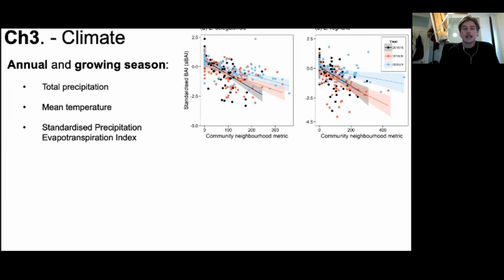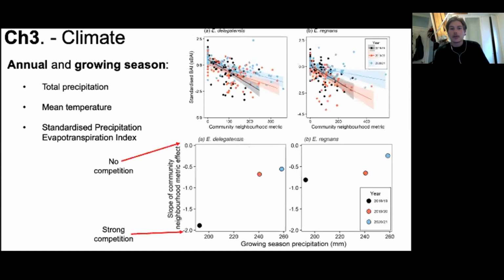And we calculated these either over the entire year-long sampling period, as well as just the growing season, so from October to March. And we found that the growing season metrics were well correlated with the strength of the competitive neighbourhood effect. So this was true for both total precipitation and the drought index. But we didn't see annual conditions have a clear relationship with the strength of the competitive effect.